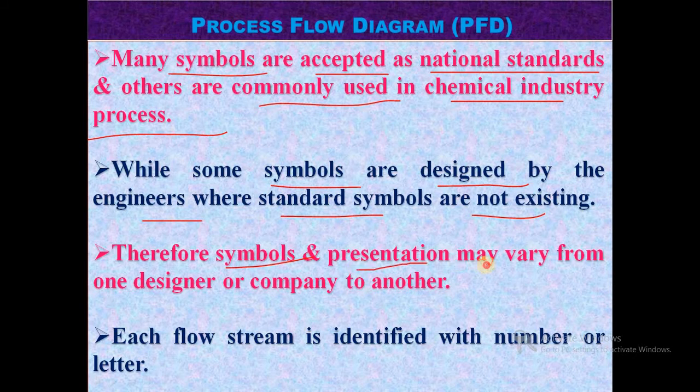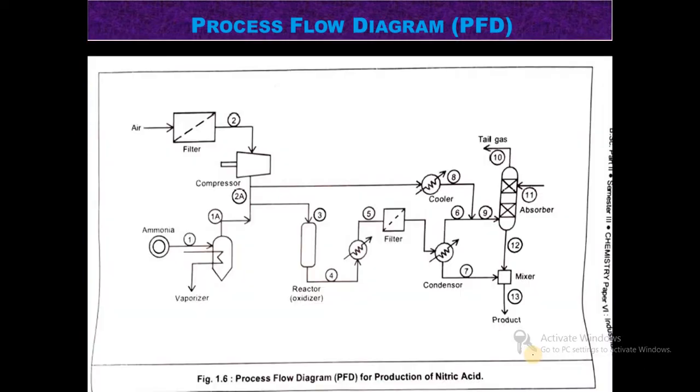Therefore, symbols and presentations may vary from one designer or company to another at the industrial level. Each flow stream is identified with a number or letter, which we will see in a later slide.